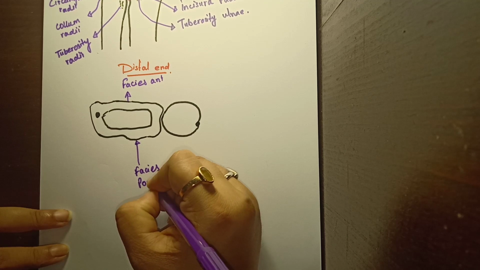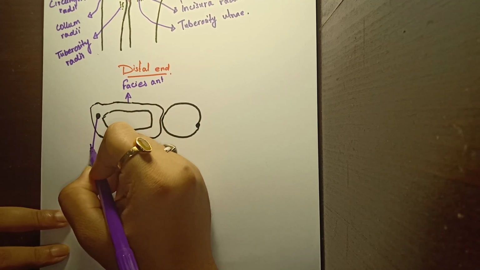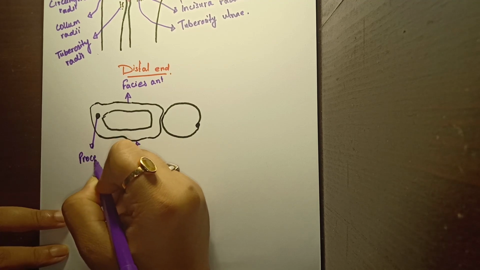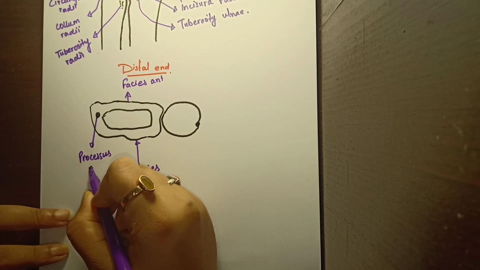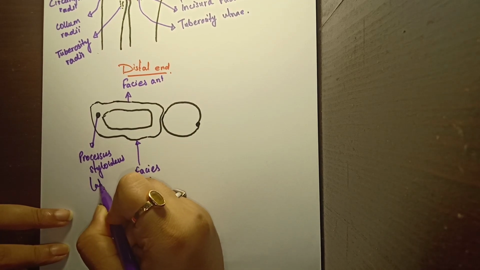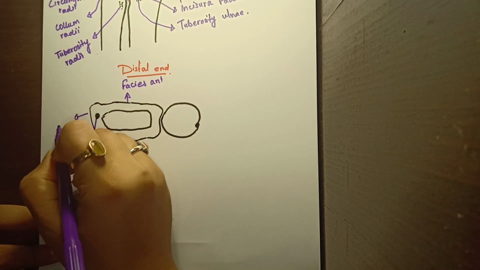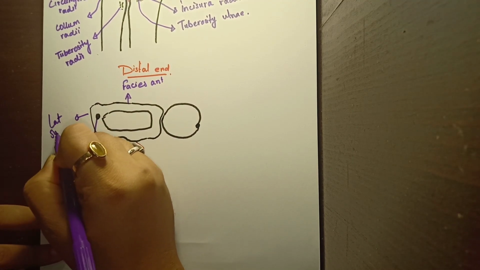And we have the facies posterior. This is processus styloideus lateralis, and this is lateral surface.